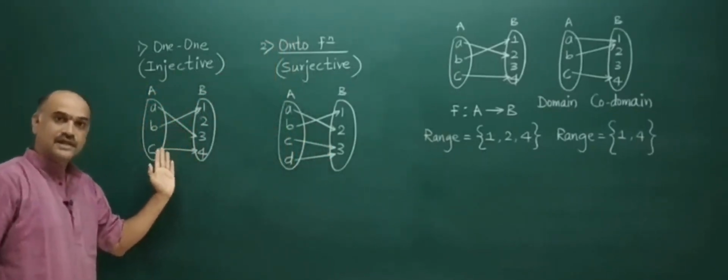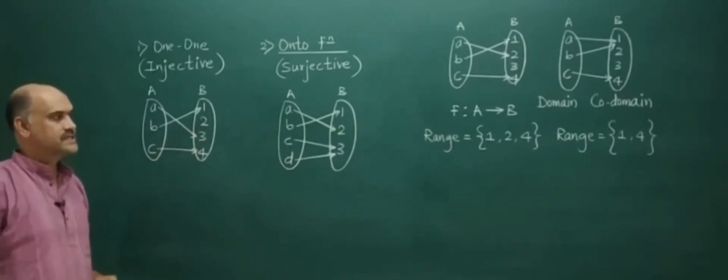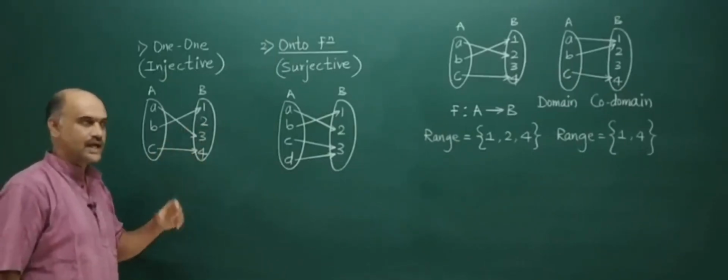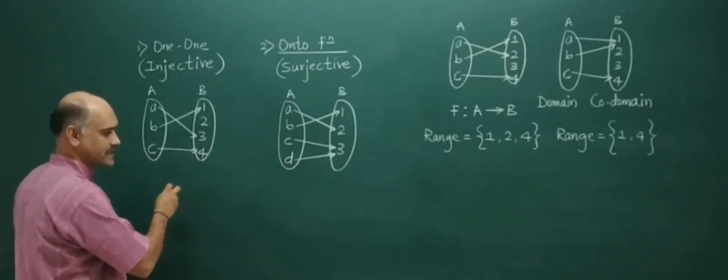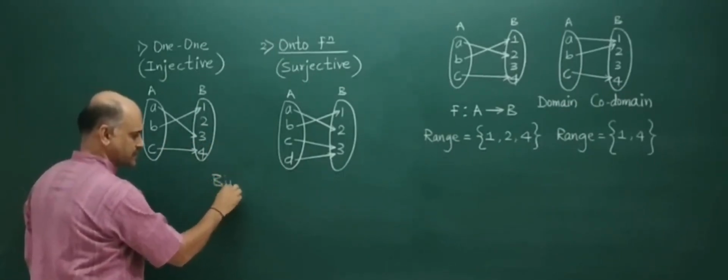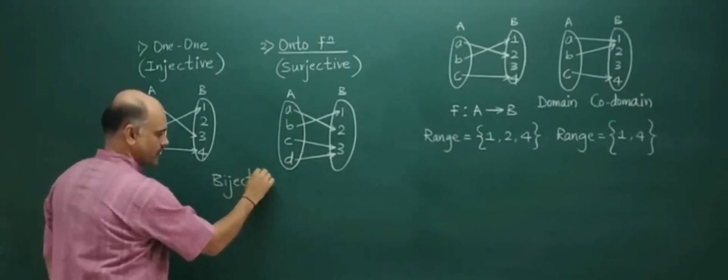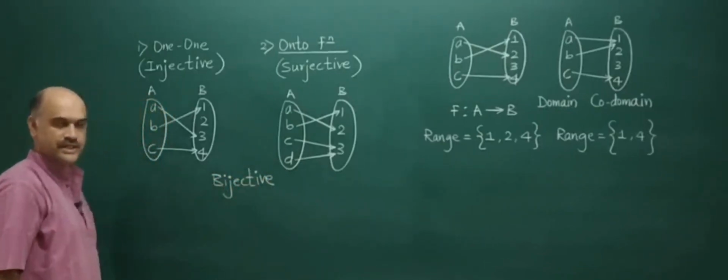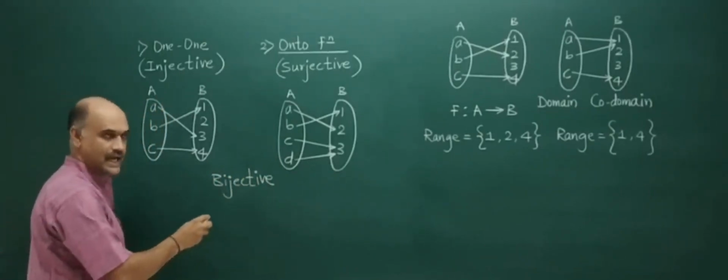Now suppose a function is both one-one and onto, then we call it a bijective function. So here it will be both one-one and onto.